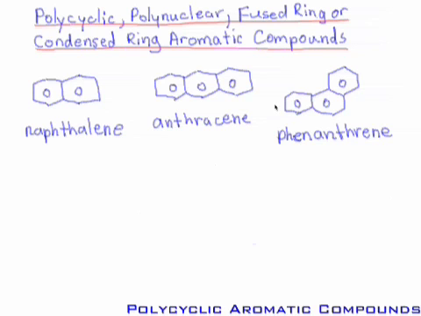Now, polycyclic fused compounds like these listed here tend to be quite carcinogenic. One of the most carcinogenic compounds is this molecule, which consists of many fused benzene-like rings.